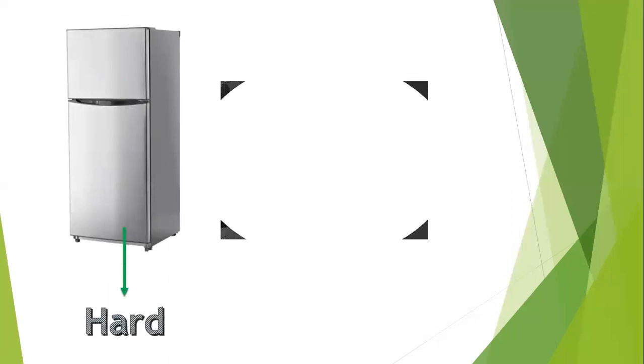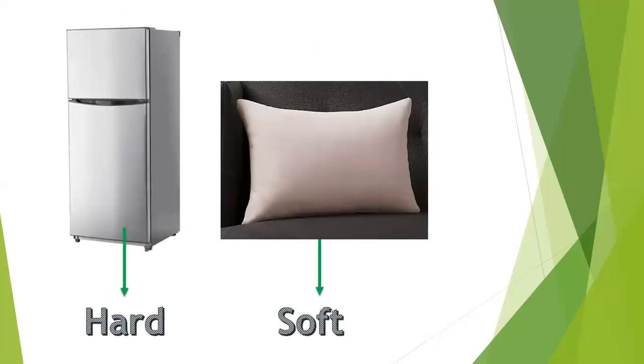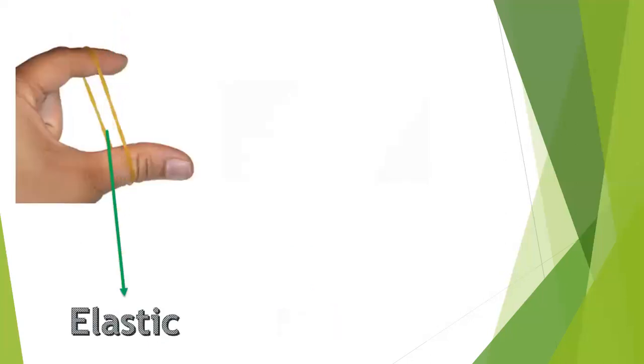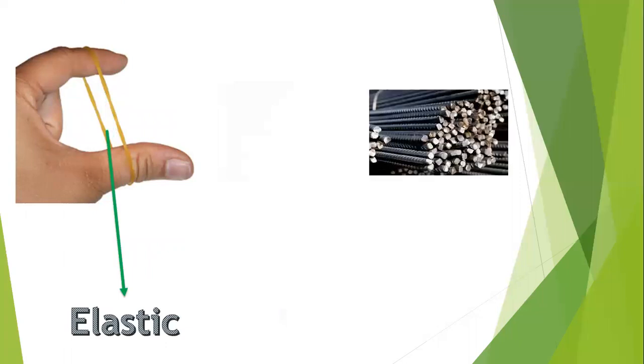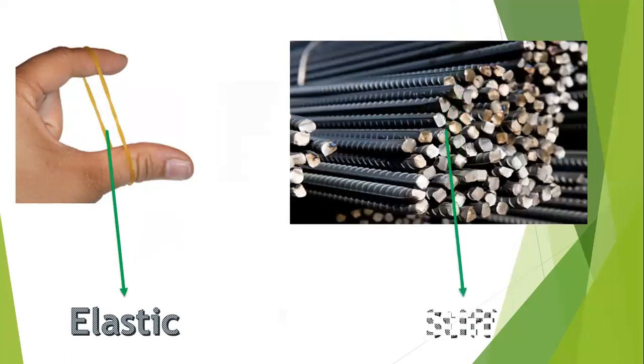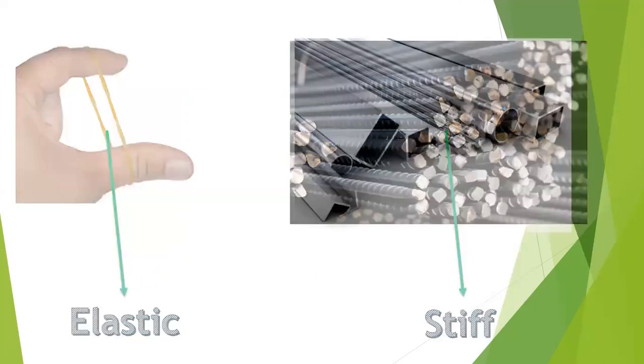Fridge is hard and pillow is soft. Rubber band is elastic, whereas iron rods are stiff. You cannot stretch them. So rubber band is elastic, you can stretch it, but iron bars are so stiff that you cannot bend them easily.